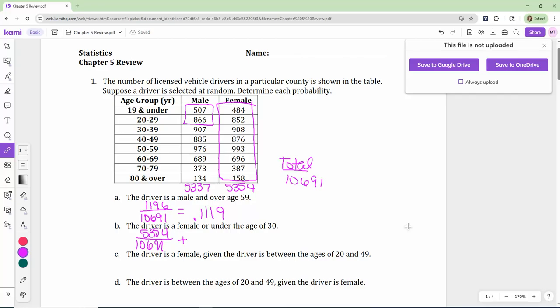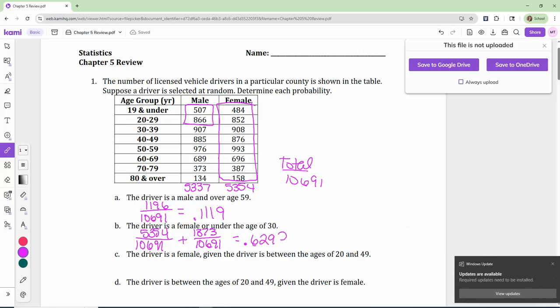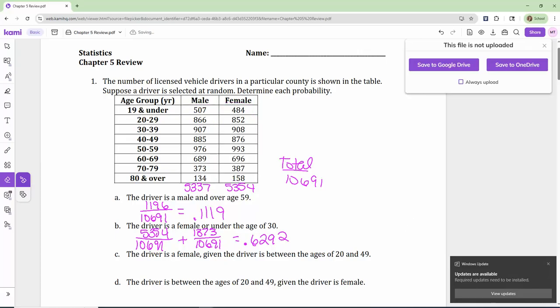Just the men under 30, is that okay? Yeah. And I get 0.62. So if you're reading from the table, just find the numbers that meet your description.